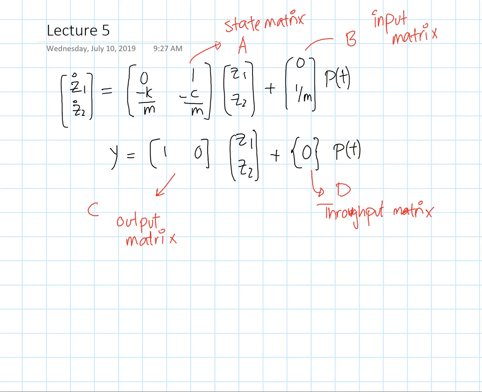So I mentioned that we're converting a second order differential equation to a first order one. If you think about this matrix structure, I can now say z dot is equal to Az plus Bp, and then y is equal to Cz plus Dp.